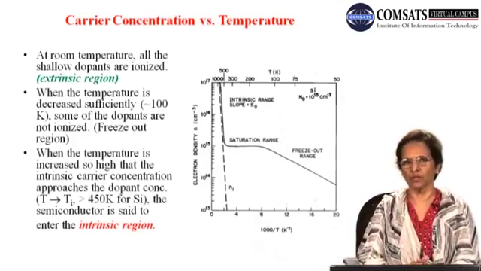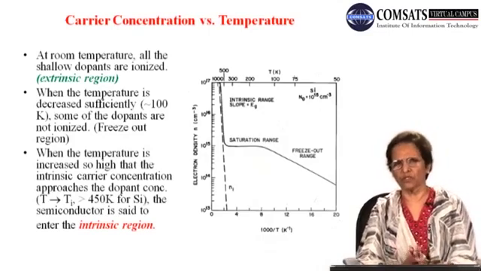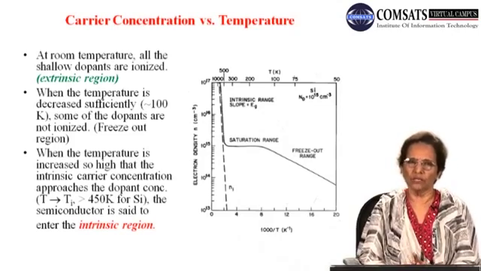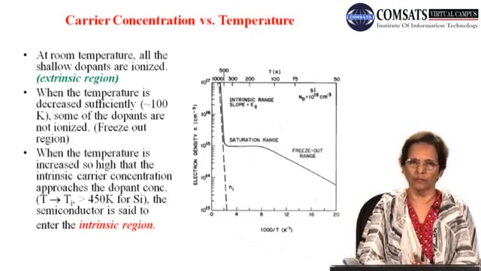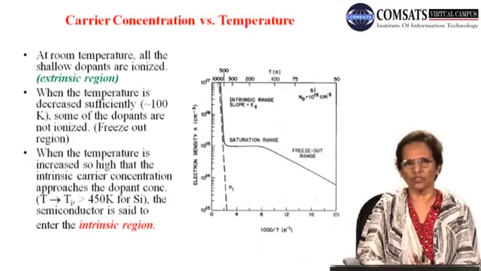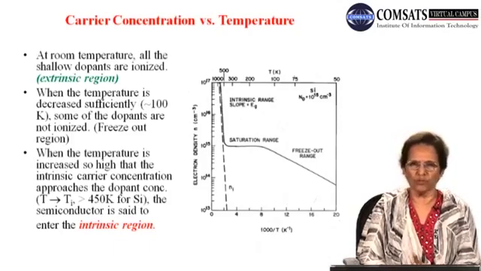So at absolute 0 temperature, or some temperatures very close to 0, all the dopant impurities will be neutral. The covalent electrons would still be bonded with their parent atoms, will still not be free.